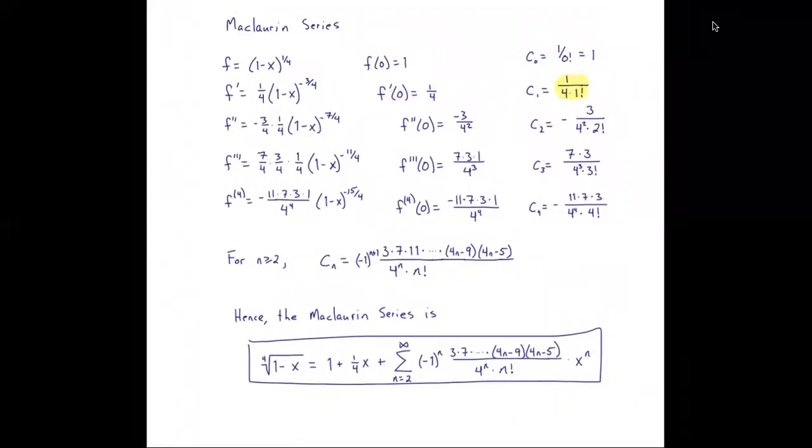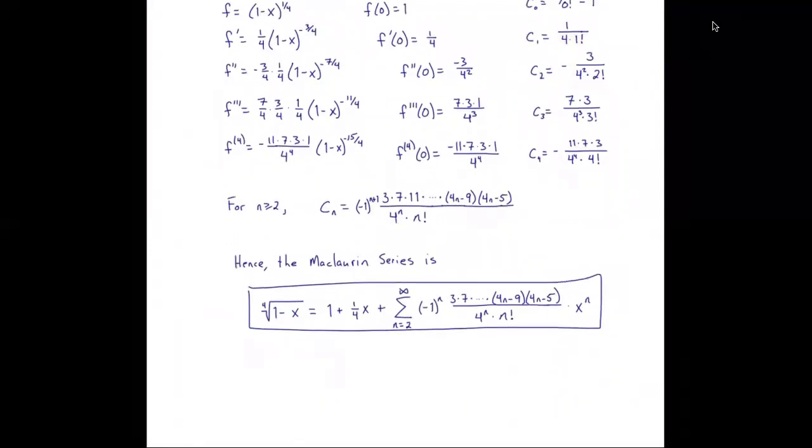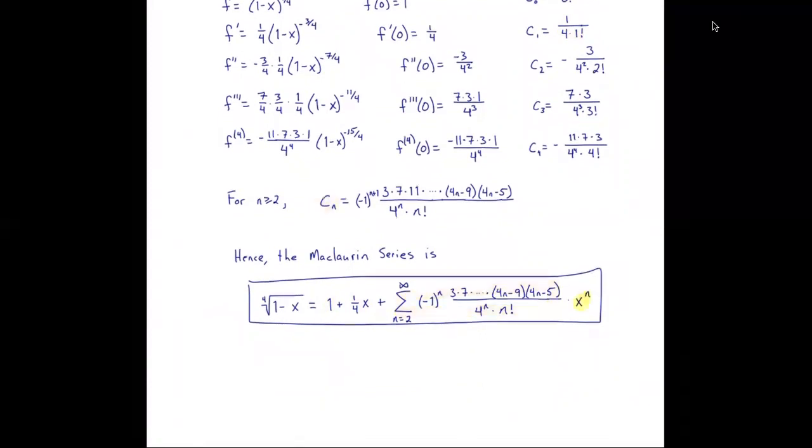So it's 1/4 x. And then the rest of these terms fall into the series. So we have 1 plus 1/4 x for our two oddball terms. And then we've got our series, as we suggested before, from our general term C sub n. All those terms are times this x to the n power, and we've closed this one up.